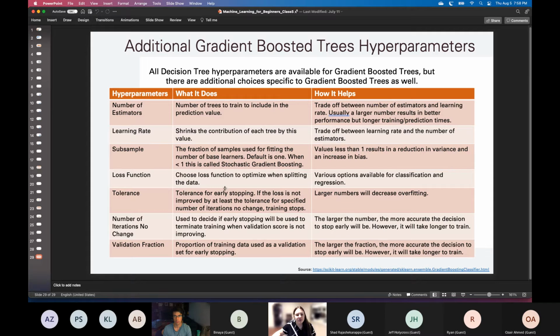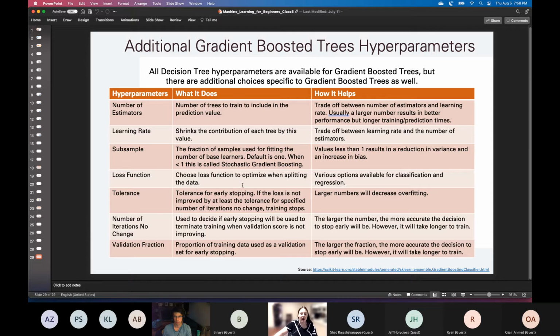The loss function is how to optimize when data is split. So impurity versus the Gini impurity versus basically the different functions that you use to know how to split your decision trees. If you look up earlier in these slides, I go over them, and in my decision tree class, I went over that in detail.